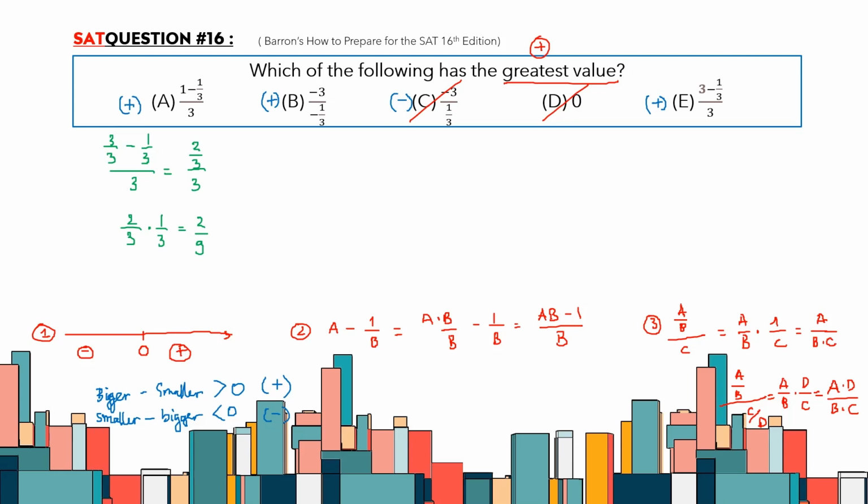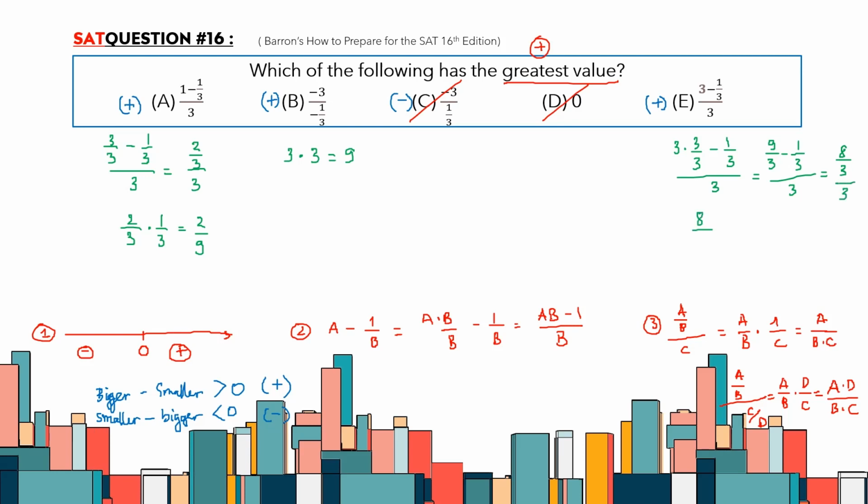For B, we have 3 divided by 1/3, which is multiplied by 3. That's 9. Okay, for E, we have 3 multiplied by 3 over 3 minus 1/3, all over 3. So this one will be 9 over 3 subtract 1/3, that equals 8/3 over 3.